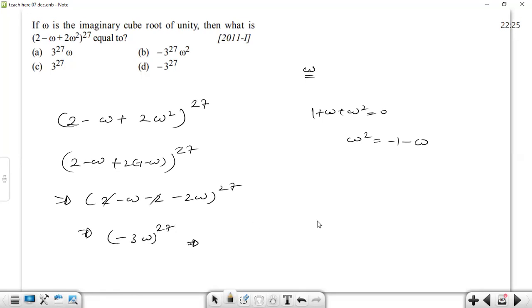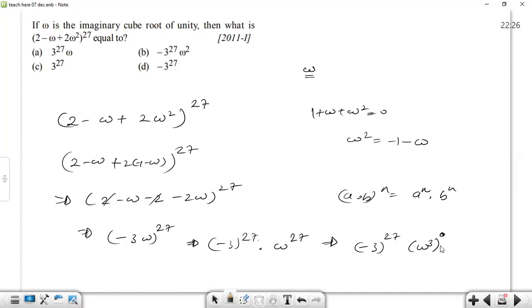Now, if there are two terms like ab raised to power n, this can be written as a raised to power n into b raised to power n, because the power is common. So the power can be written separately. So minus 3 raised to power 27 into omega raised to power 27. Now omega raised to power 27 is a multiple of 3, so we can write it as omega raised to power 3 into 9.